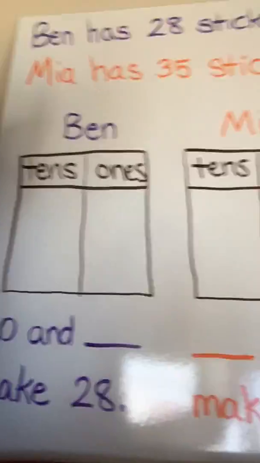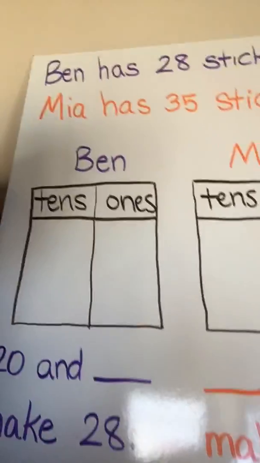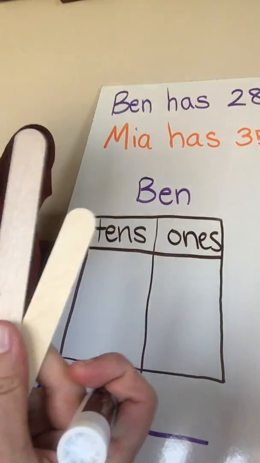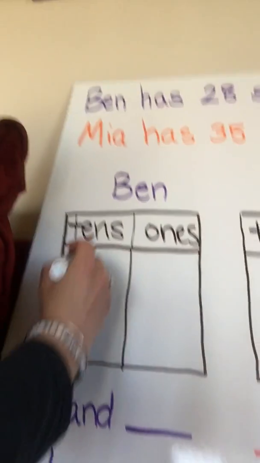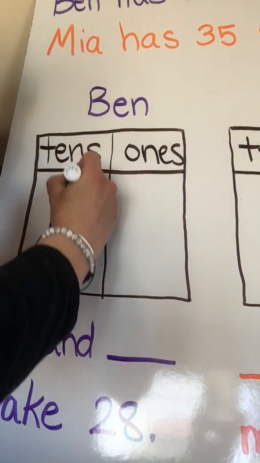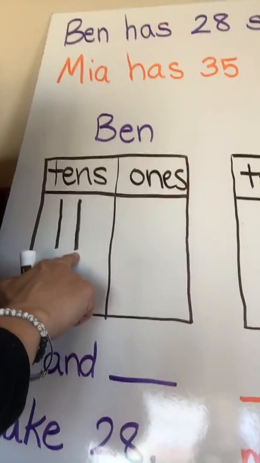Okay, now we are going to head on over to our base 10 chart, our place value chart, and we're going to represent Ben's stickers on the chart. So we're going to start in the tens place. We had 2 tens, so I'm going to go ahead and draw 2 tens, 10, 20.